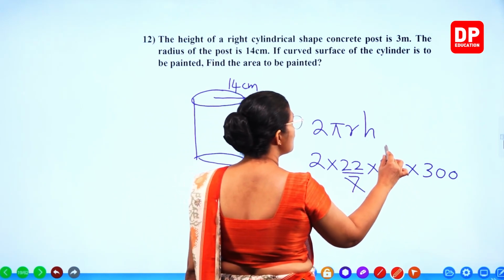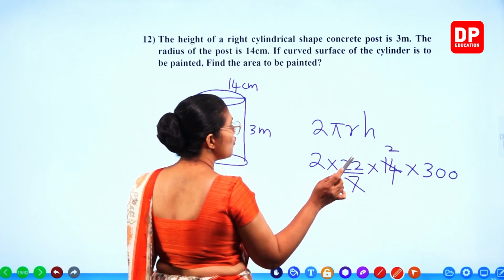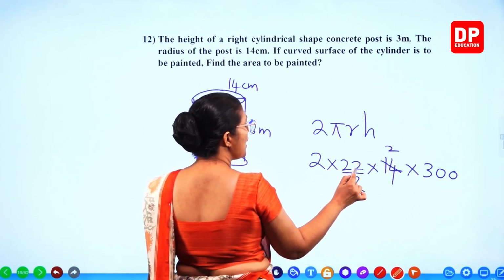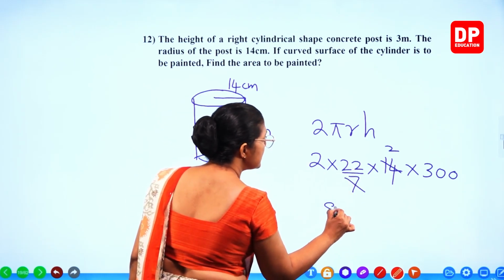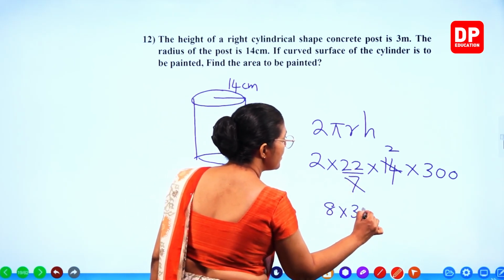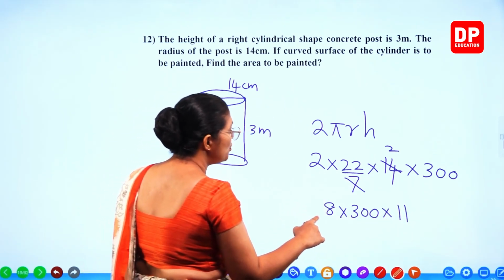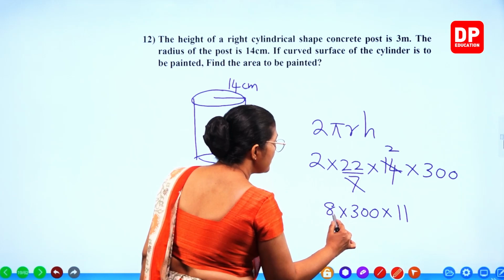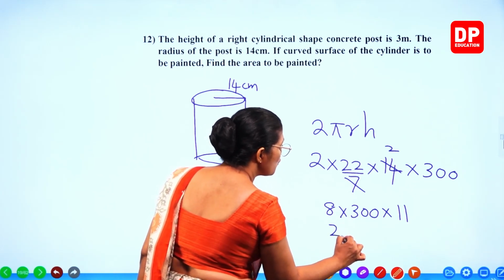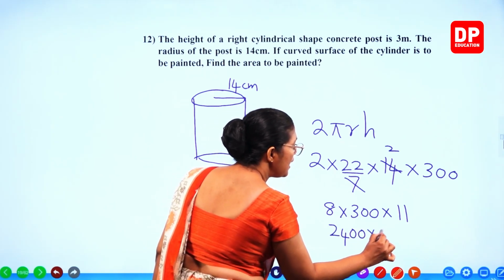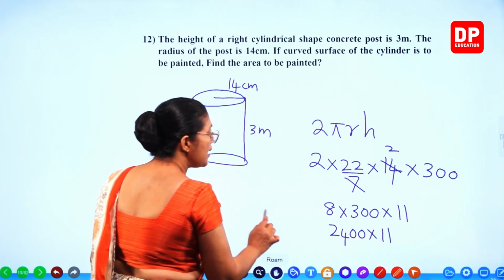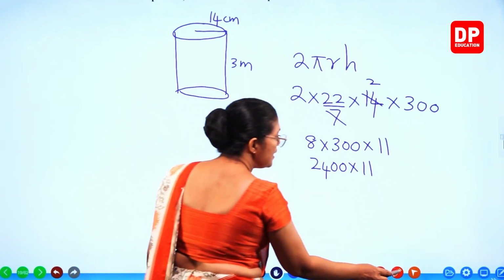So 7 times 2. Then how you multiply? 2 times 2, 4. 4 times 2, 8. Into 300 into 11. So you can do 300 times 8 is 2400 multiplied by 11. How you multiply this by 11 easily?